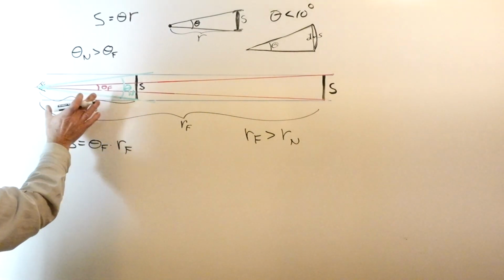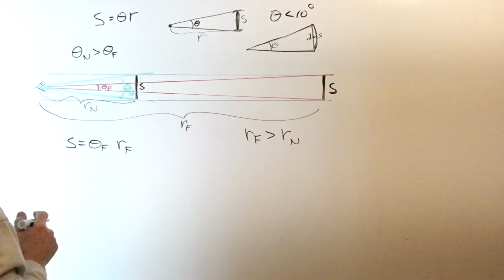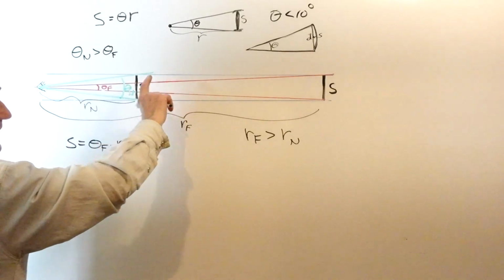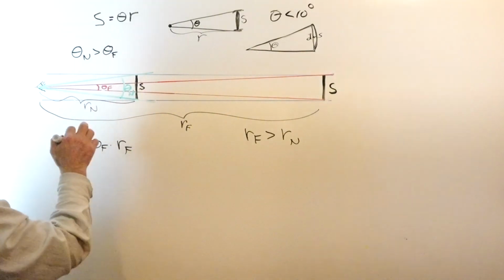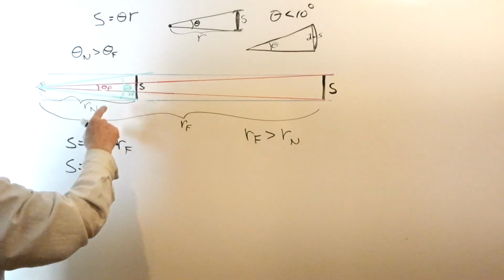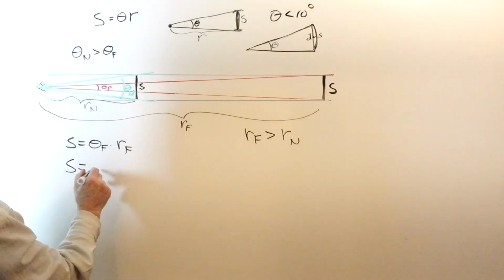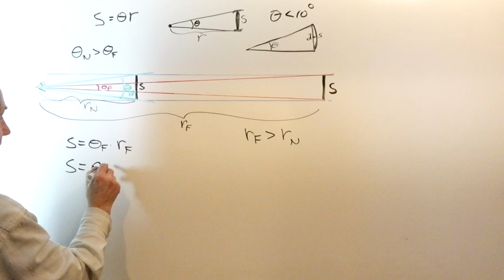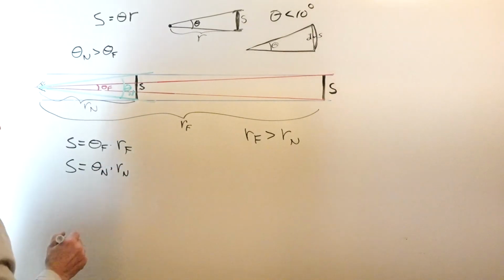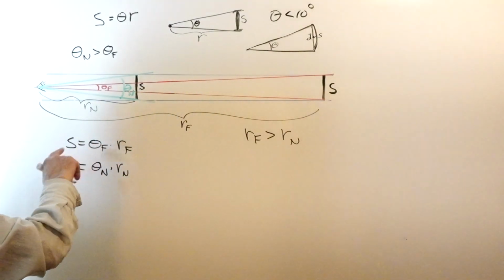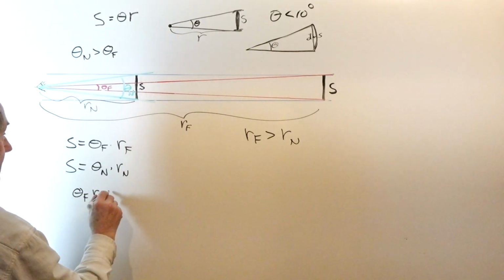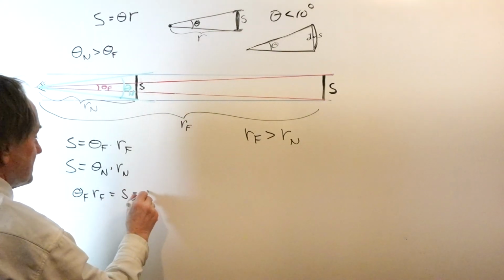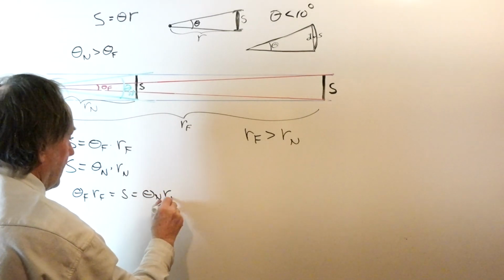RN is the distance when it's up close near us. Now, the size of the object doesn't change, so S remains constant. In the near field, our relationship is S equals theta n times Rn. So we can equate these: theta f Rf is equal to S, which is equal to theta n Rn.